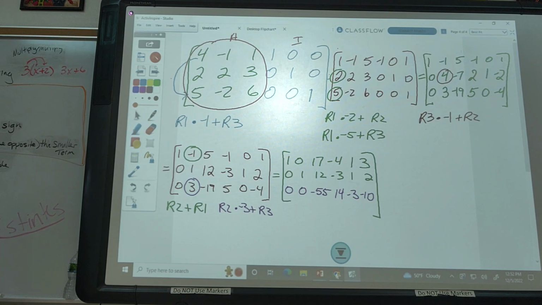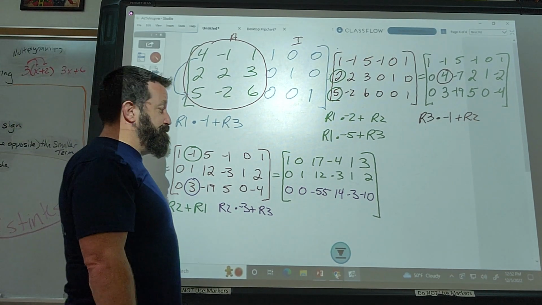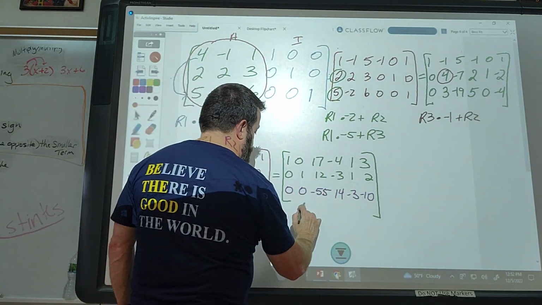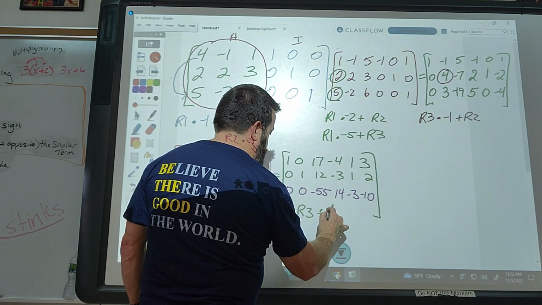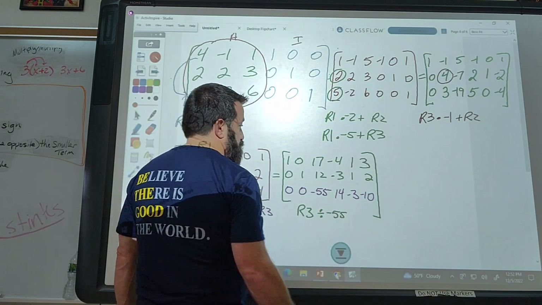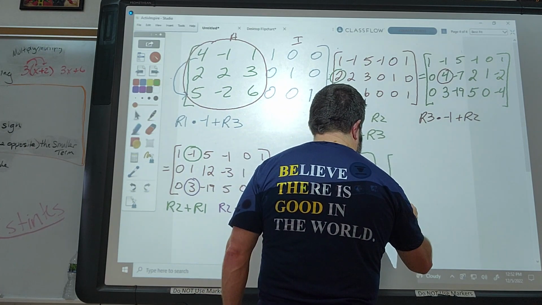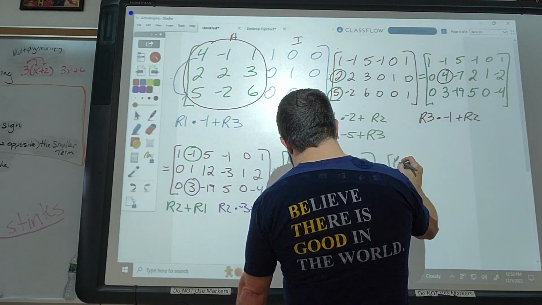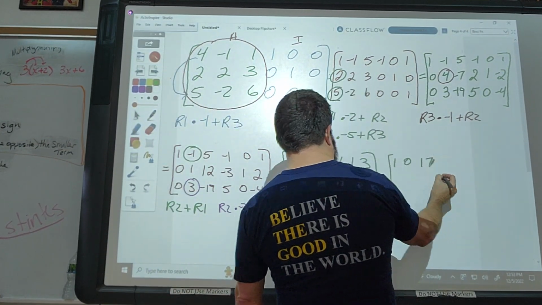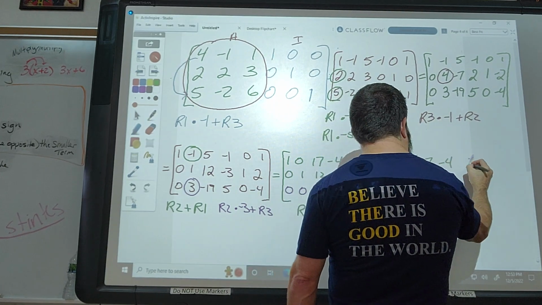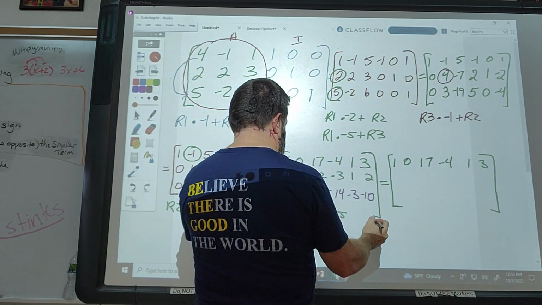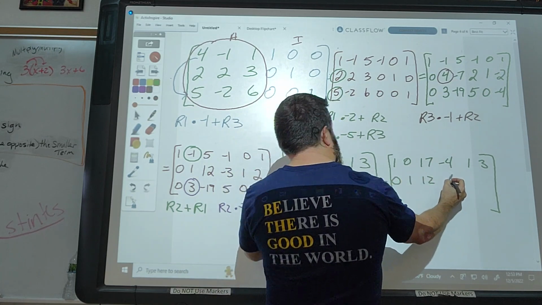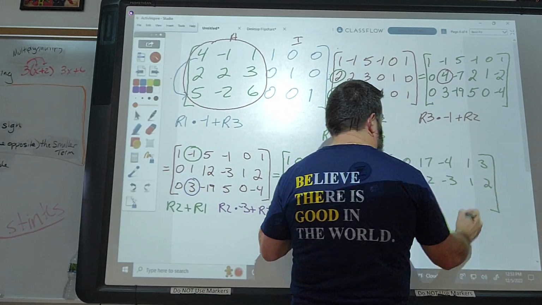Now, the rule to get your last one, you have to do what? I have to divide everything there. I'm going to take row 3, and I'm going to divide by negative 55. So, 1, 0, 17, negative 4, 1, 3, 0, 1, 12, negative 3, 1, 2.